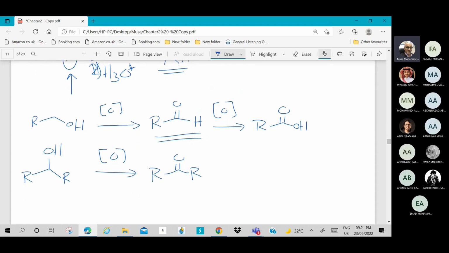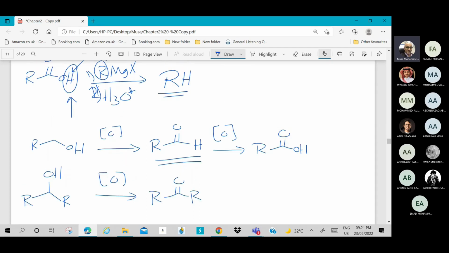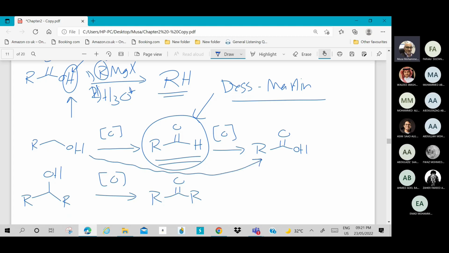It's very sensitive here which one you use to stop at the aldehyde level. If you want to stop at the aldehyde level, then you have to use Dess-Martin periodinane. Otherwise, if you use a stronger oxidizing agent, it will take the primary alcohol to the corresponding carboxylic acid. So these are the main reactions in chapter 17.